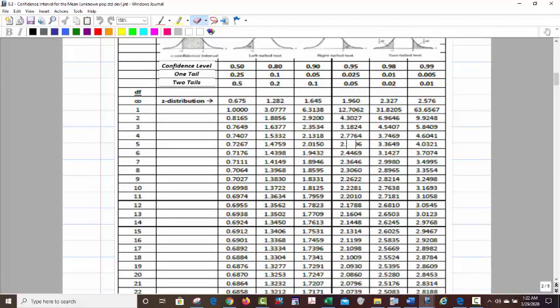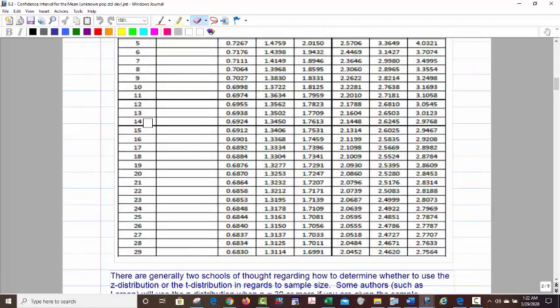You start going down this column, and as the degrees of freedom, which is just one number less than n, so when I'm at 29, that means n is 30, it's decreasing to where eventually T becomes Z. So for example, it really wouldn't matter if your sample size was 200 whether you use the T or Z, because T becomes Z over time.